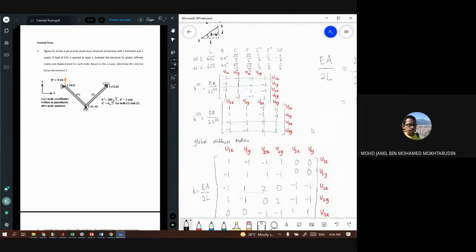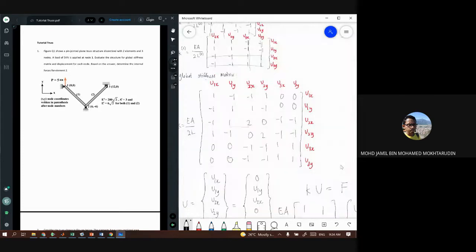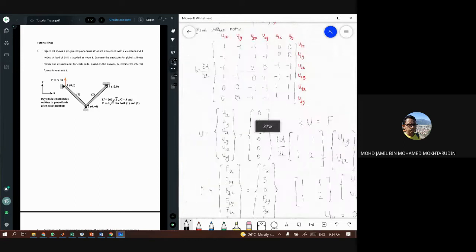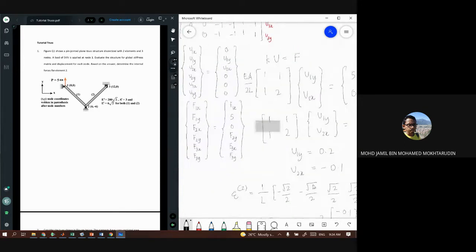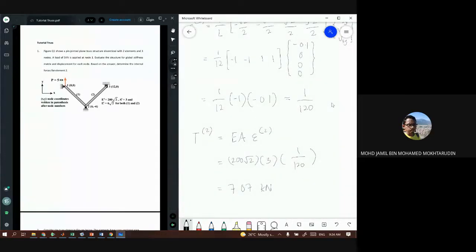But I think if you can manage to calculate K1 and K2 up until here, it should be okay. The part below is more towards mathematics. Okay, thank you. Okay, any more questions? Feels like a new world, right? When did we ever learn truss? Aduh.